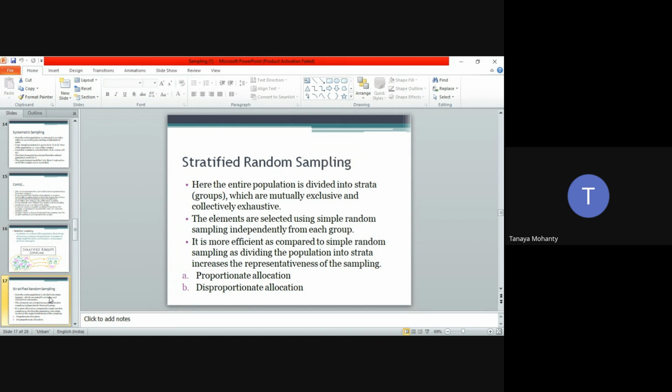It is more efficient as compared to simple random sampling, as dividing the population into strata increases the representativeness of the sample. There are two ways of conducting stratified random sampling. First is proportionate allocation, and the second is disproportionate allocation.